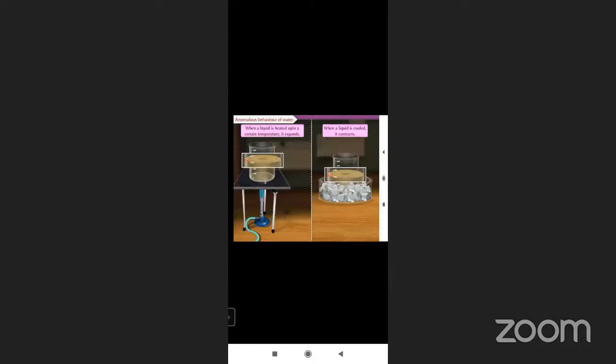Now, the third question is: you know that as we go higher than the sea level, the boiling point of water decreases. What would be the effect on the melting point of a solid? Remember, such questions can be asked in the exam.